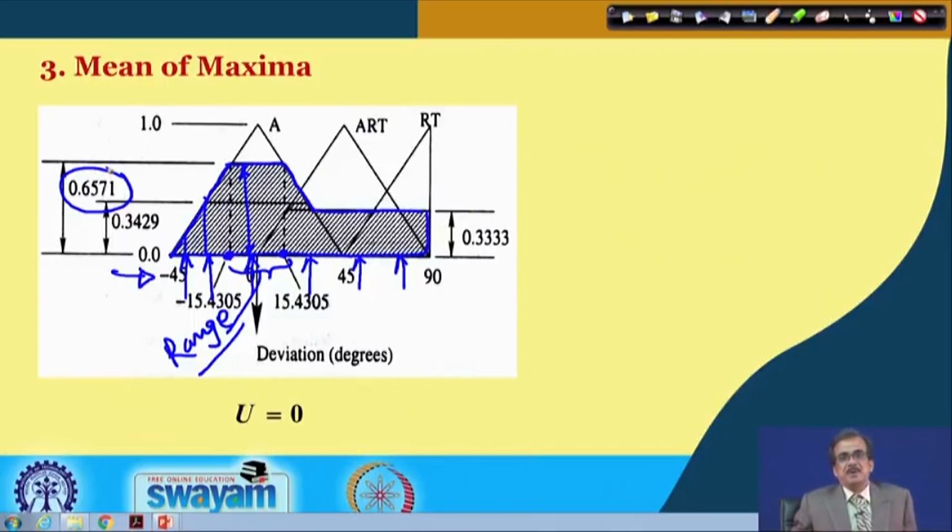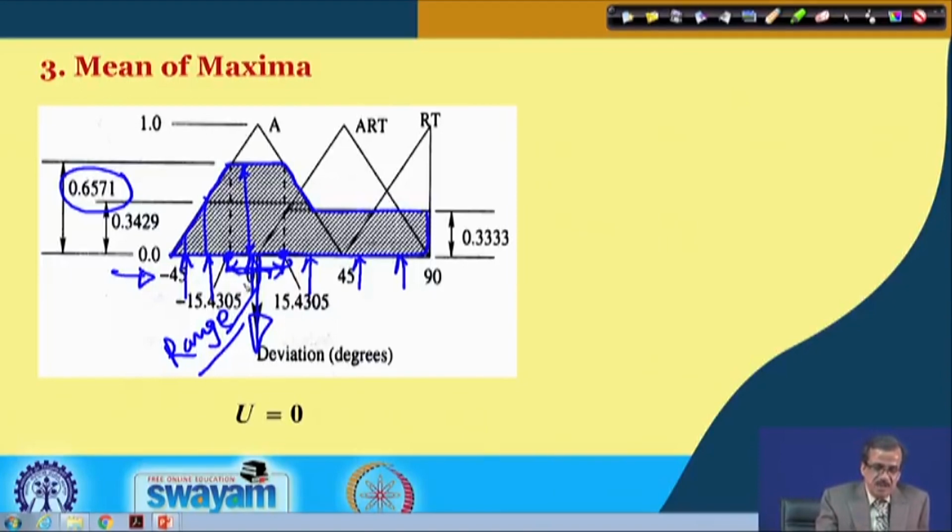0.6571. Now, here what you can do is, I can identify the range for the deviation corresponding to which I am getting the maximum value for this mu, and that range starts from here and ends here. So, this is nothing but the range where we are getting the maximum value for this membership, that is mu. And once you have got this range, what we do is we find the mid value of this range as the crisp output.